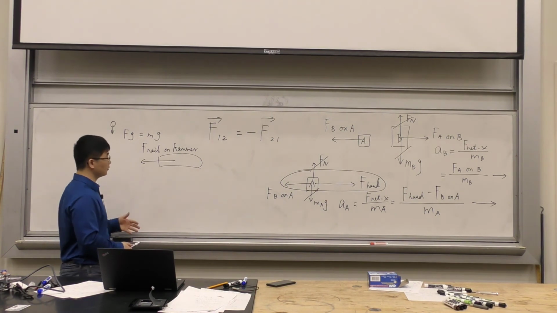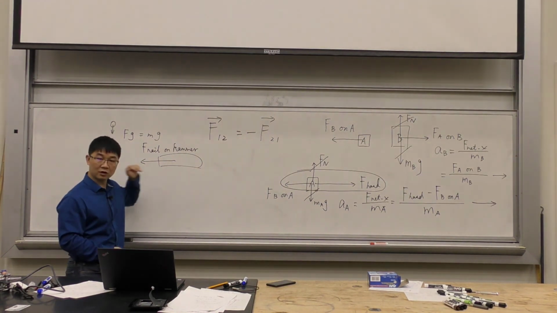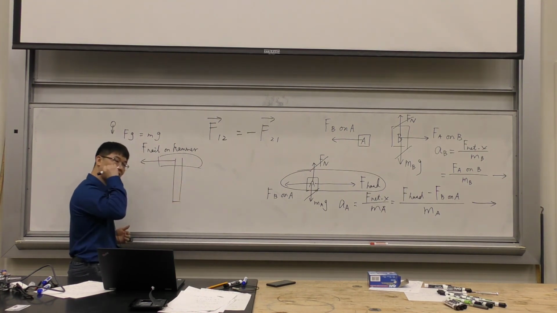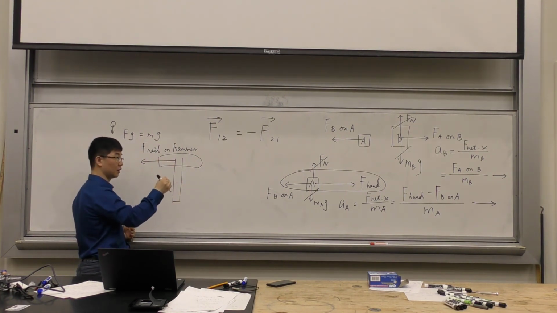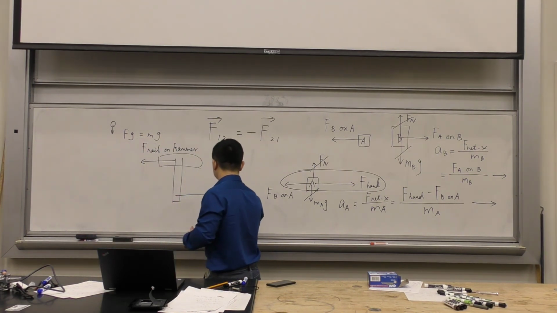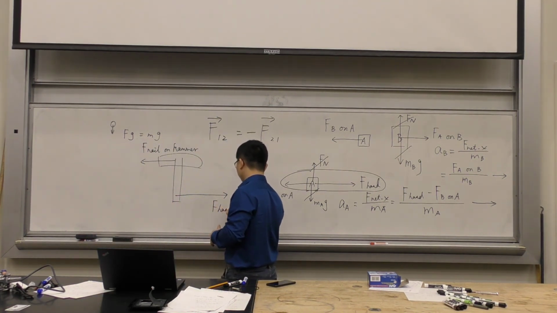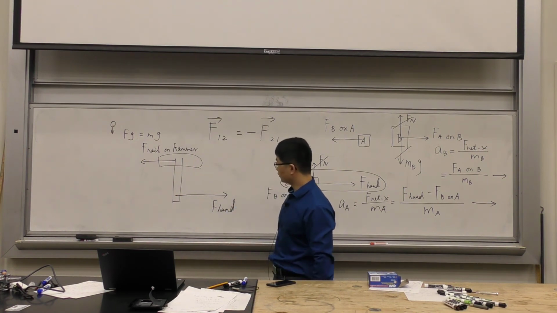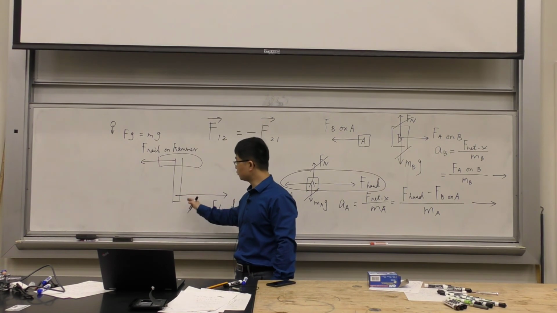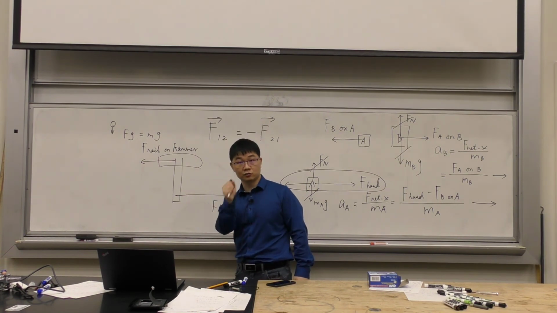Is there any other force on this hammer in this direction? Of course, because you are hitting the hammer using your hand, right? You can't forget about that force. That force is from your hand. So again, you see that you have to hit the nail very hard. Actually you're not hitting the nail directly using your hand, right?